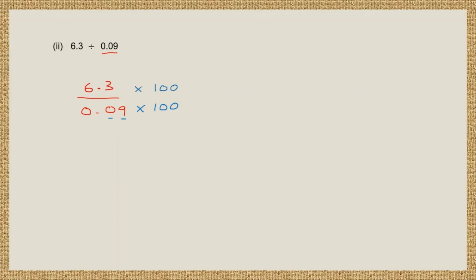So now what do I get? The denominator, the point has moved 2 places and it does become 9. Numerator, the point has to move 2 places to the right, 1, 2. So that means it will come here and I need to fill this with a 0. So my number on top now is 630. So what is my question now? 630 divided by 9.